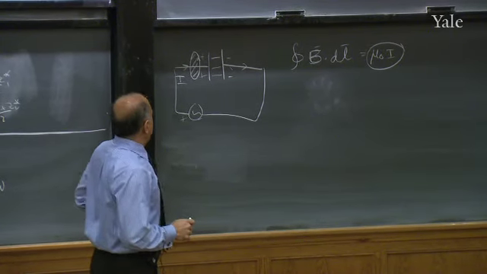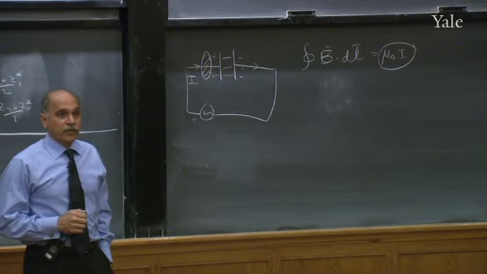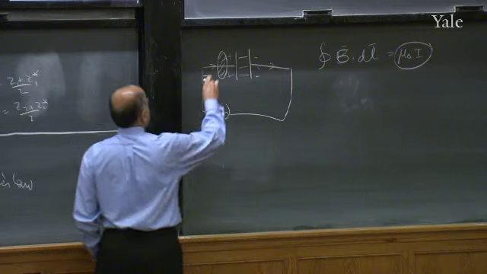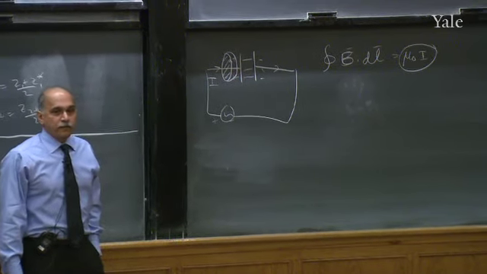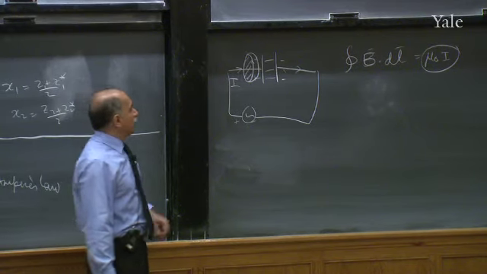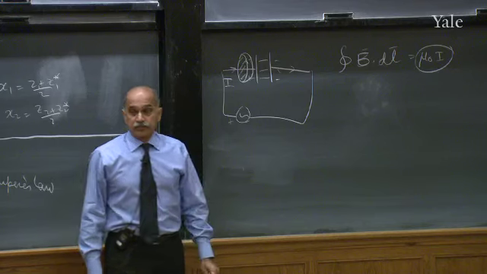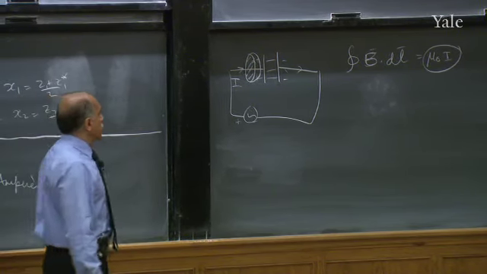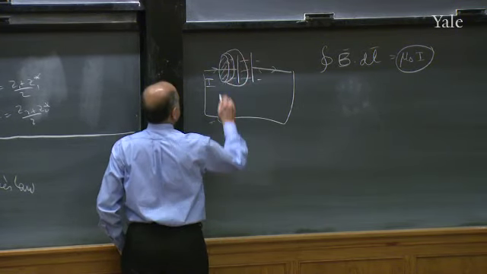But now you say, that's not the only surface with that loop as the boundary. I should be able to draw any surface with the loop as the boundary. So you say, let me take that surface. You're still okay, because whatever current passes this face also passes through that face. The law is still good. So giddy with success, you say, why not this?